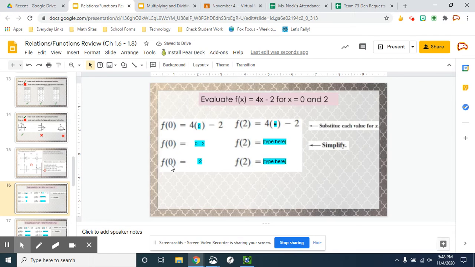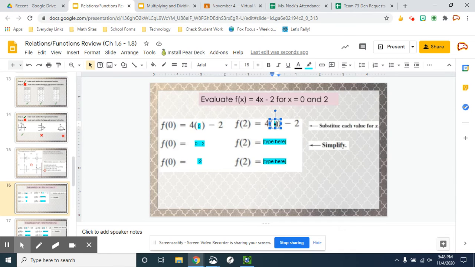So when x is 0, the corresponding y value is -2. So your input, your output. So this would be a function, because if you plug in 0, you will never get something different out. Each input will only have one output.